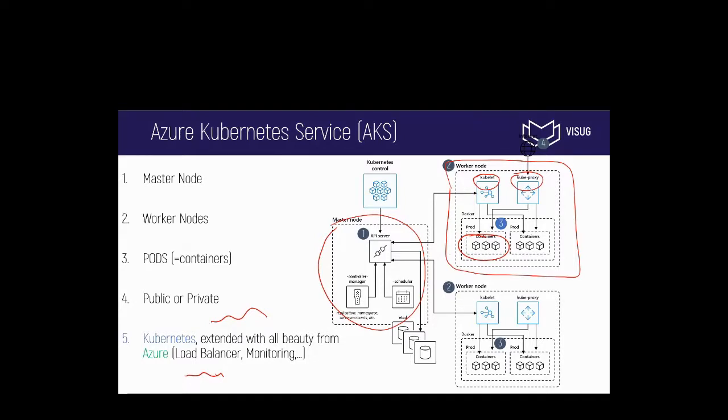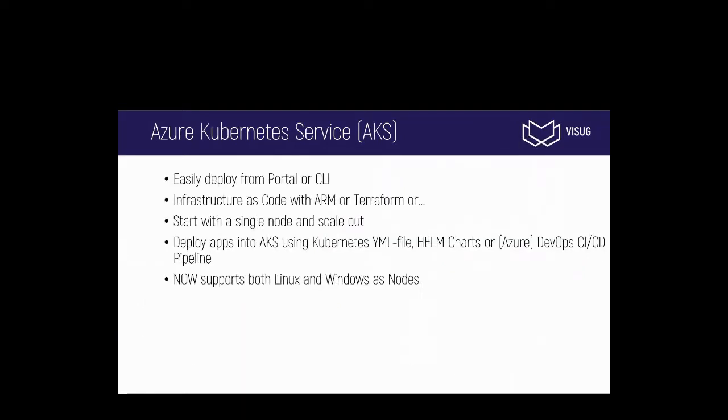On the outside, we have full integration, so you can manage, deploy AKS as another Azure resource, providing internal networking, public-facing networking. If you're more into infrastructure as code, you have ARM templates, Terraform, or anything else you want to use. Start small with a single node. In my demo setup, I got 2 of them, and pushing out your container images.